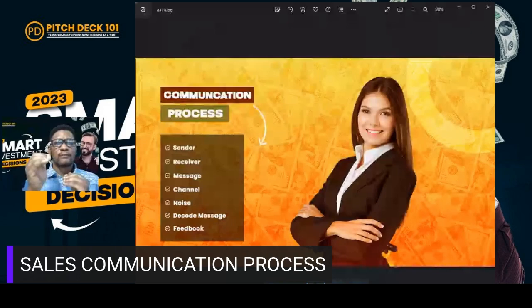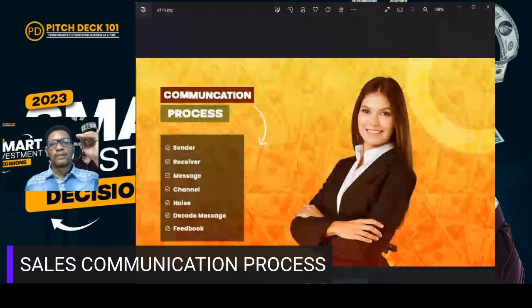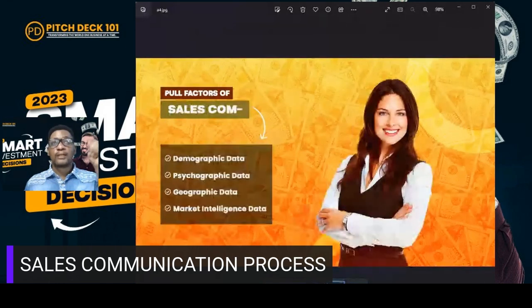And the only way you understand the relevance is when you look back at everything that we talked about in the earlier slide. We did talk about the pull factors of sales communication. You need to understand the demographics. You need to understand the psychographics. You need to understand the geographics.